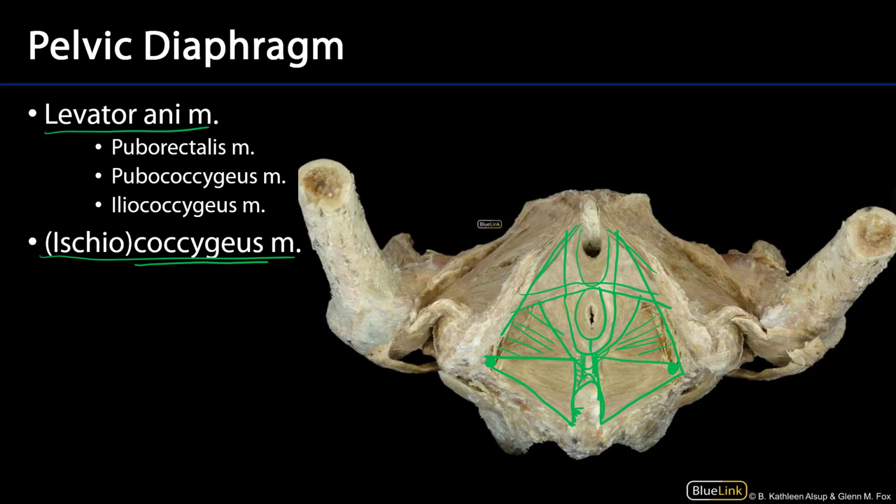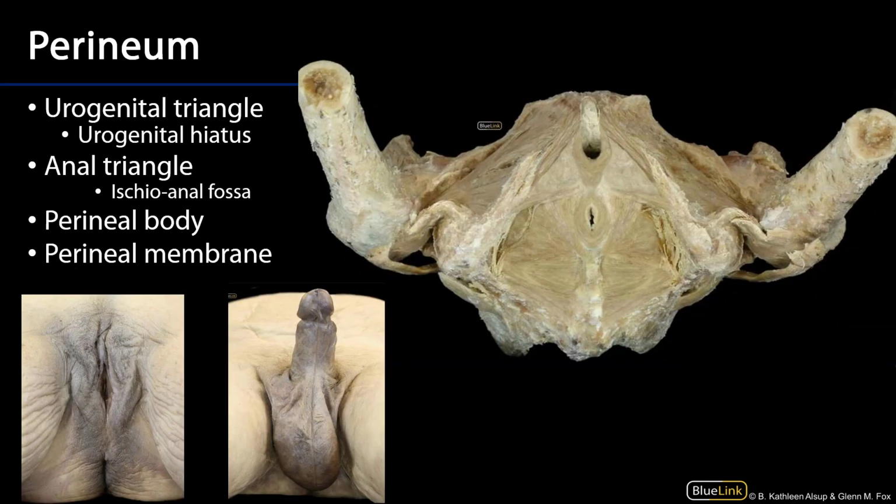When we think of the perineum, we need to think of all of these structures which are superficial to that pelvic diaphragm. Let's review the boundaries of the perineum. So anterolaterally, we have the ischiopubic rami. Posterolaterally, we have the sacrotuberous ligament.